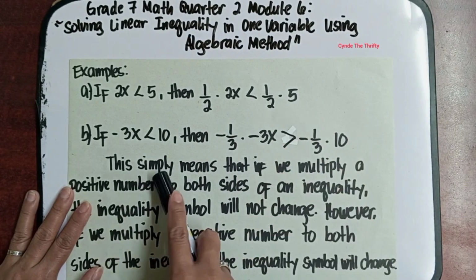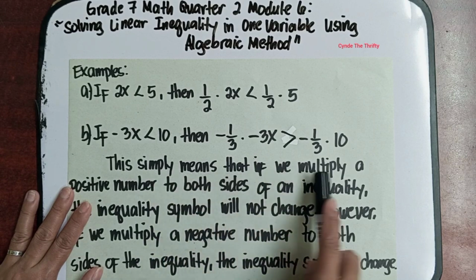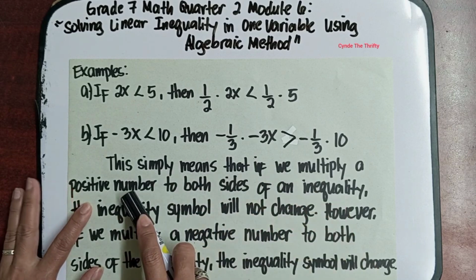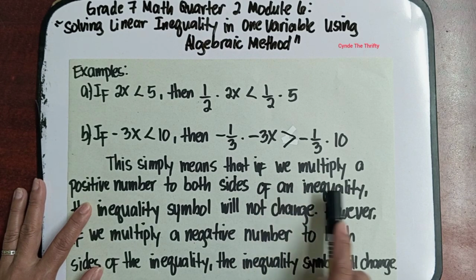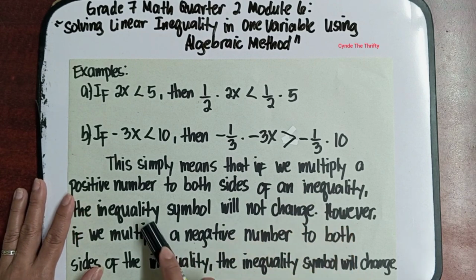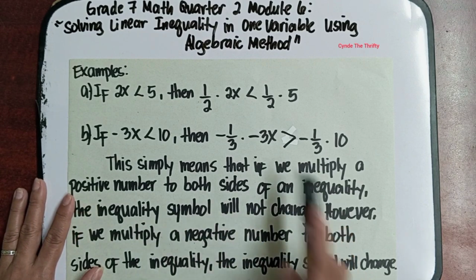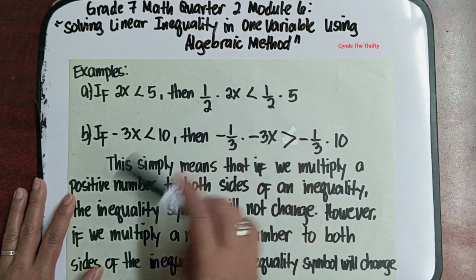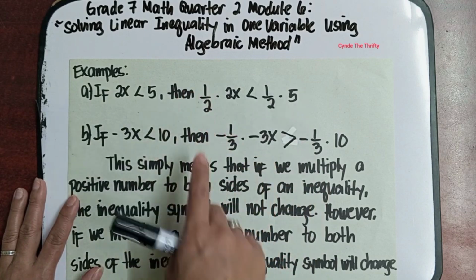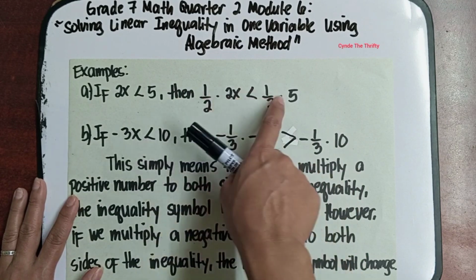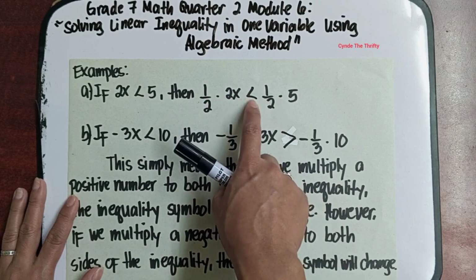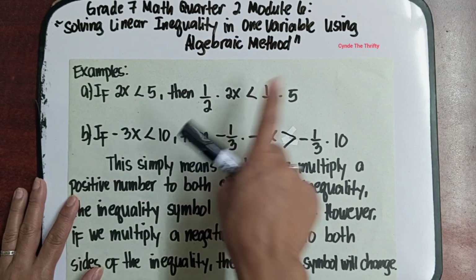Okay? So, this simply means that if we multiply a positive number to both sides of an inequality, the inequality symbol will not change. Gaya nitong ating first example. Dahil positive na reciprocal ang ating minultiply, sa both sides, hindi nagbago ang ating symbol. Pareho lang siya, less than.